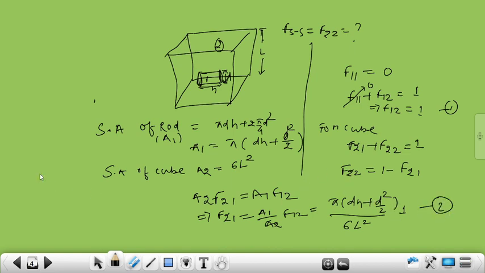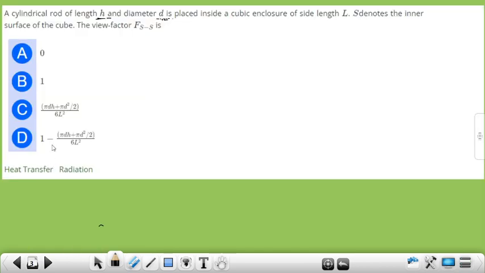By putting equation 2 in 1, F22 is equal to 1 minus (pi D H plus D square by 2) divided by 6 L square, which is option D, the correct answer.